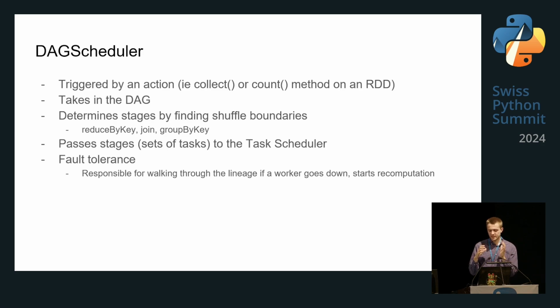So the first part of the system, which takes all of the RDD objects, is the DAG scheduler. What it's doing is breaking up the computation task into stages.